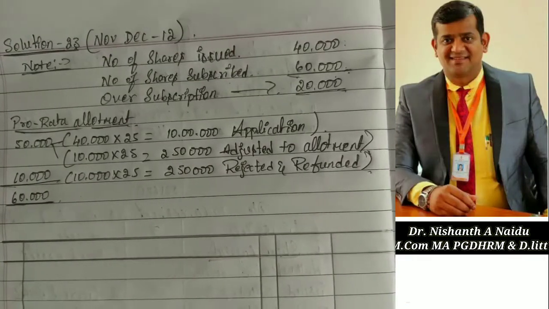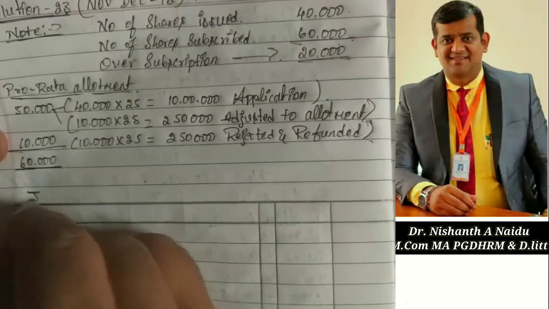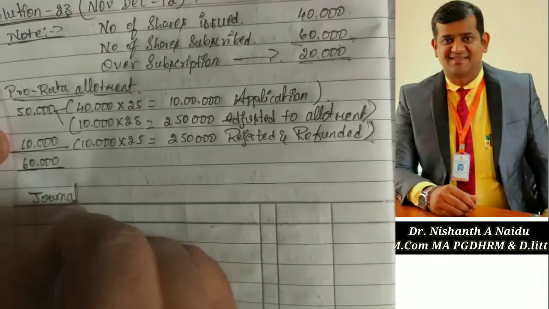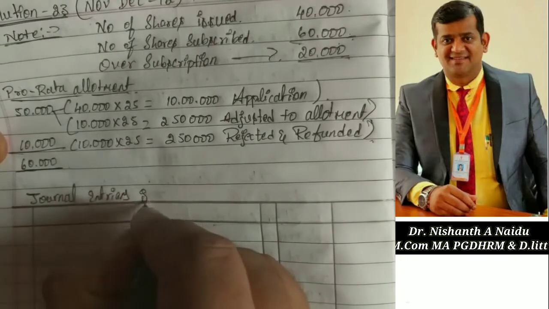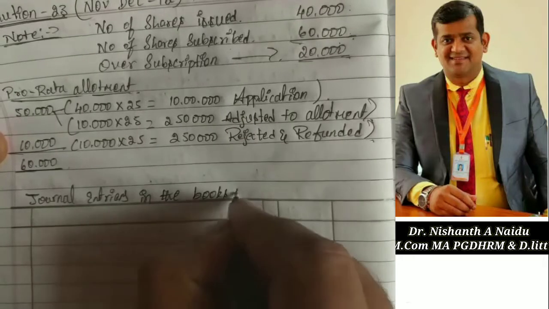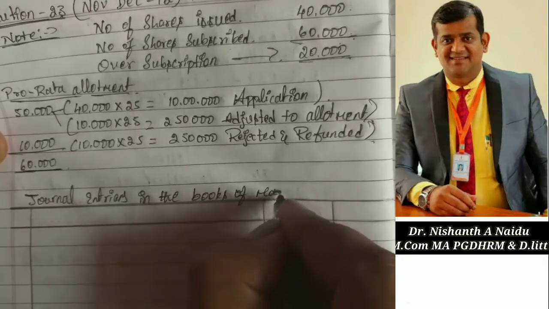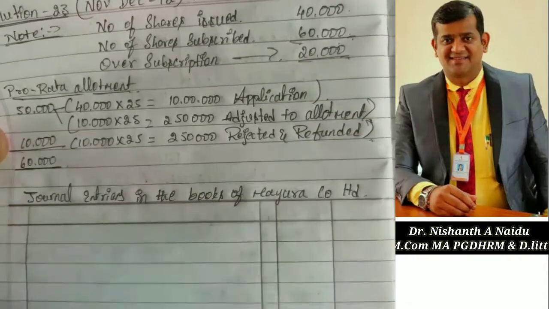Fine. So after this what we have to do? Yes, journal entries in the books of Mayura Company Limited.